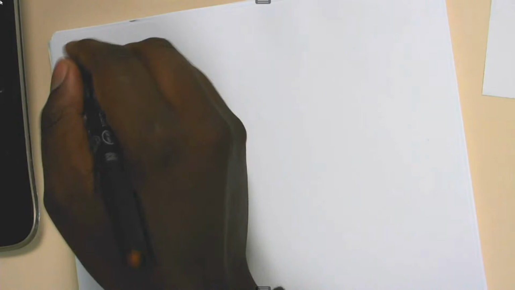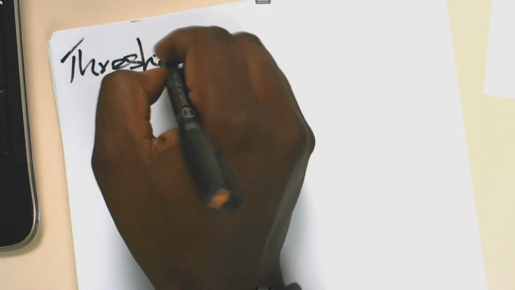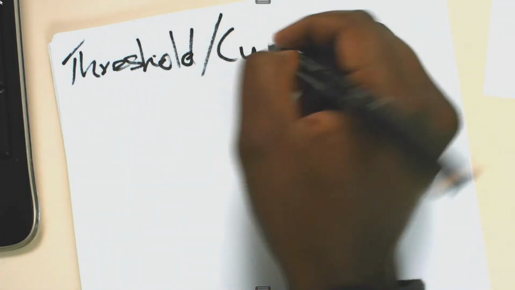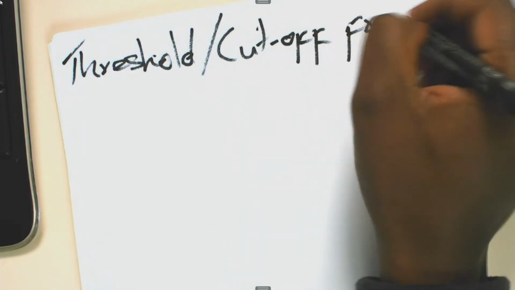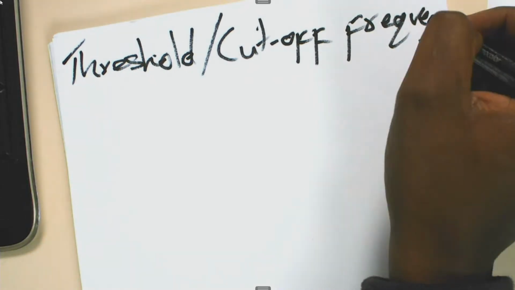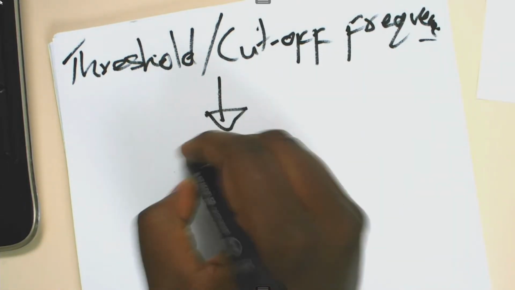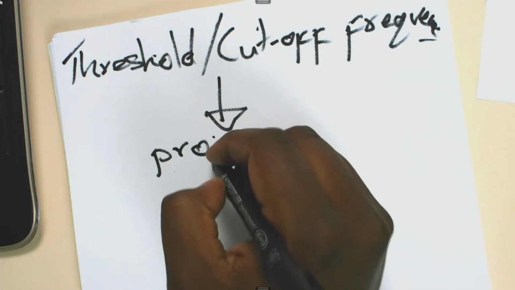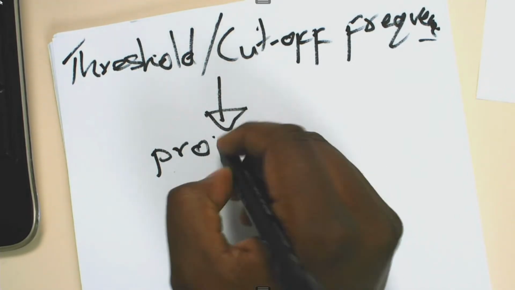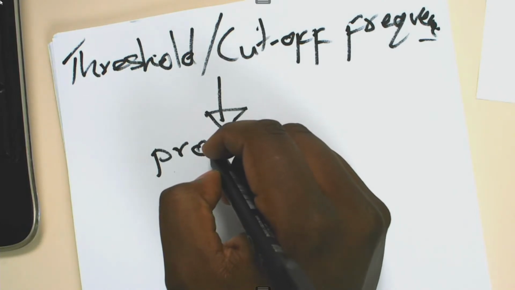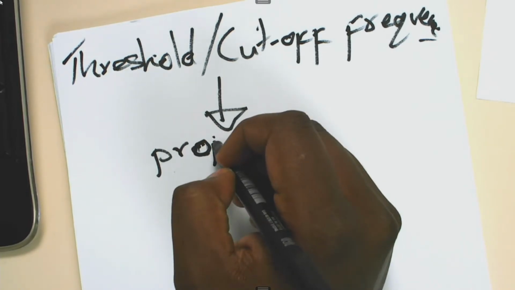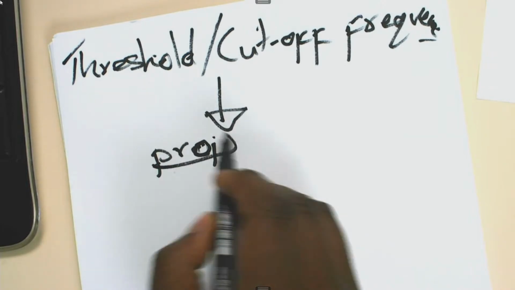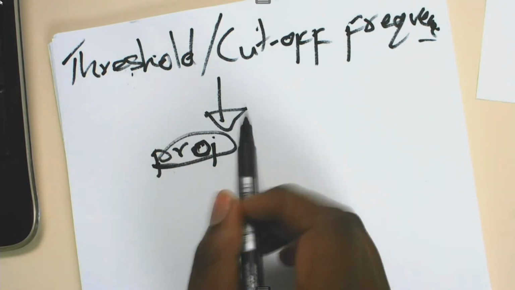Now let us get to the threshold frequency and explain what we mean by it. Threshold frequency, or the cutoff frequency, is the property of the metal. It is important that we understand that it depends on the metal.